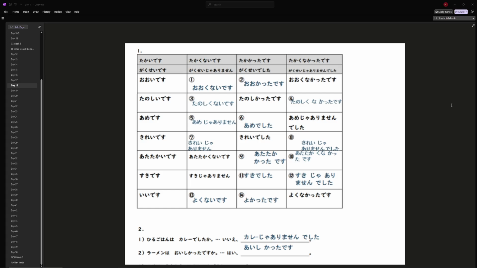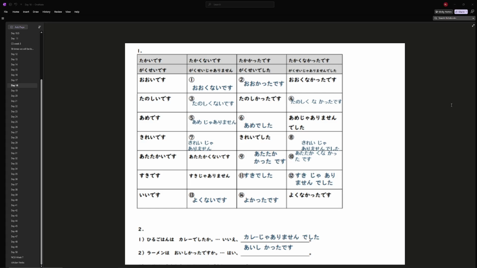All right. And then we've got kirei, which is like pretty or tidy or clean. Kirei ja arimasen. So it isn't clean. Yep. Okay. Kirei deshita. It wasn't clean.